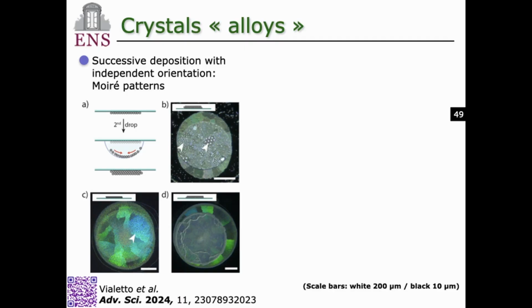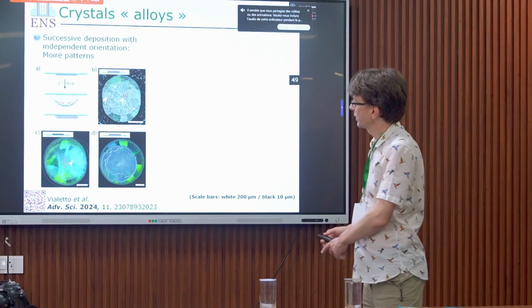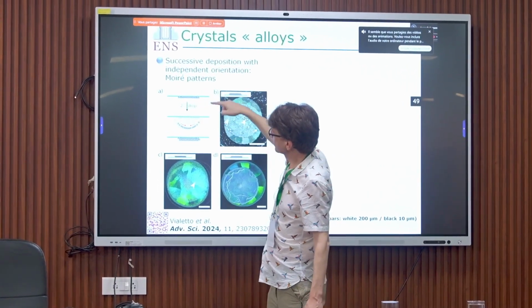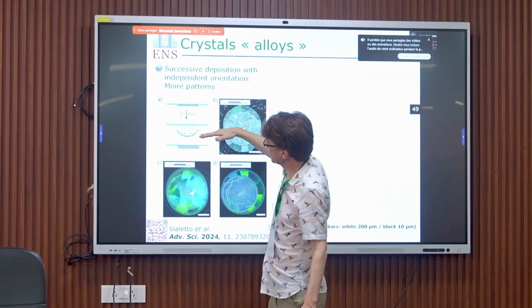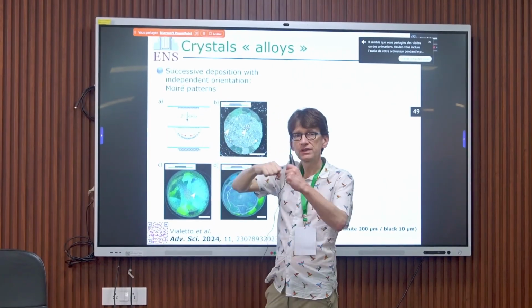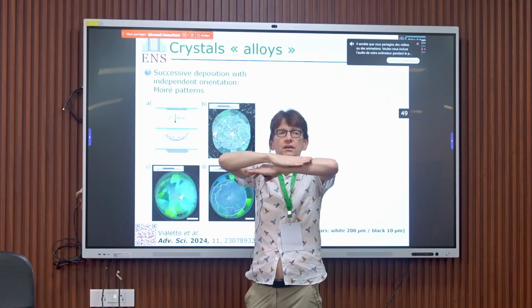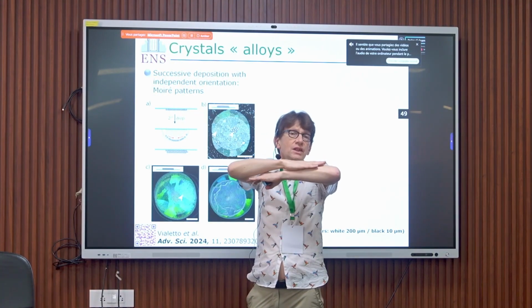And you can start to have some funny assemblies. For example, you can make a first crystal, then put another drop on it. You have a second crystal that crystallizes with the same interparticle distance, but when they come together, they have independent orientation.